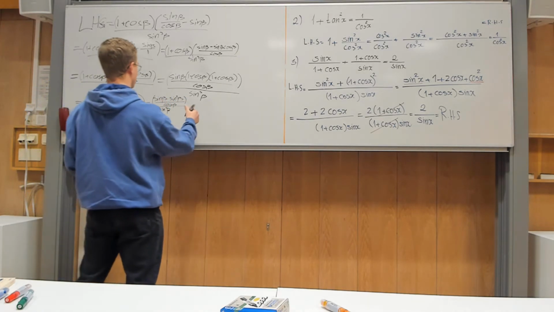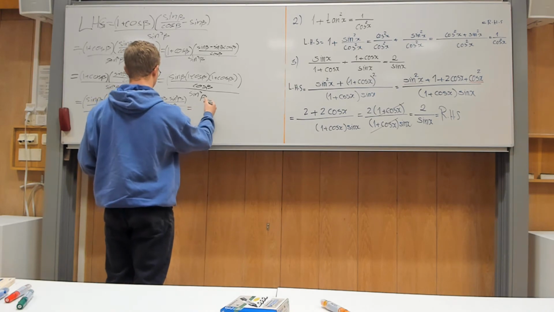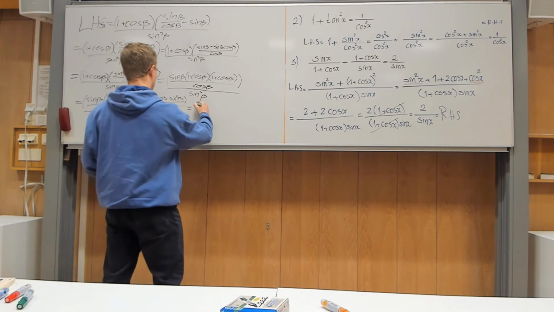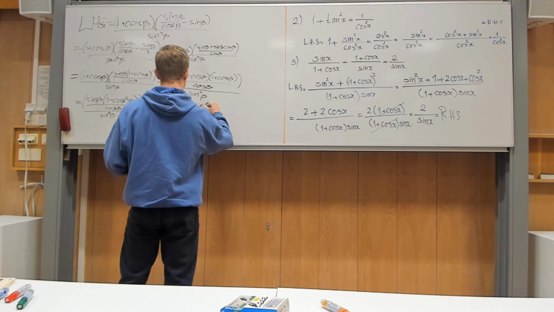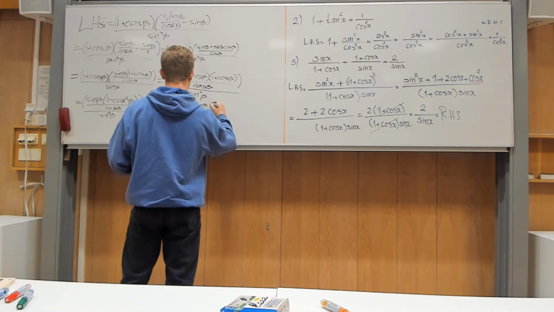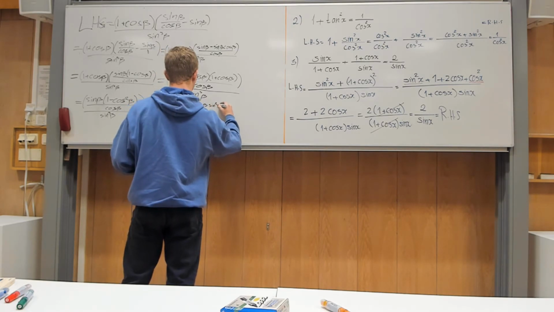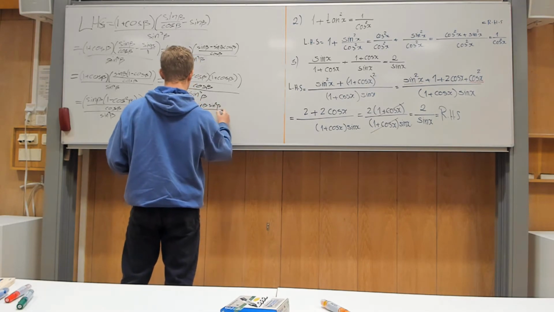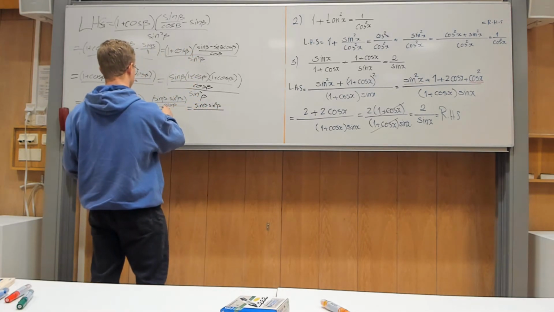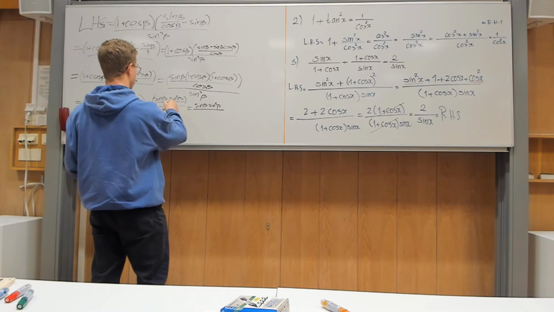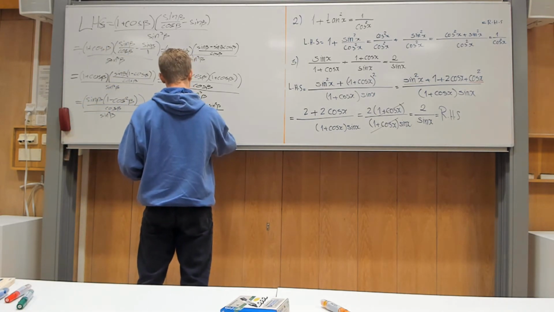Very good, and then I can write that as, over sine 3b, times cosine. Exactly.